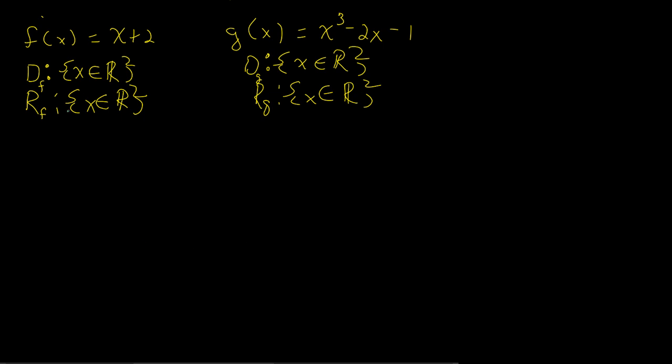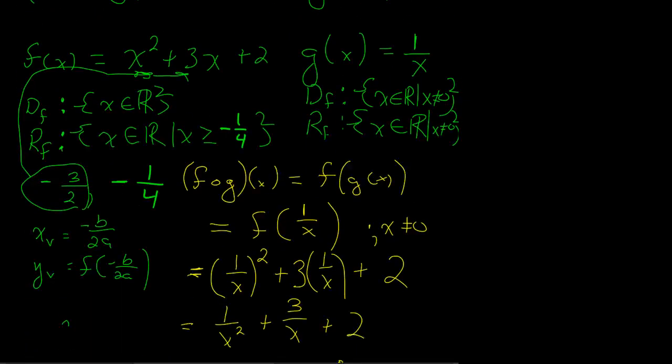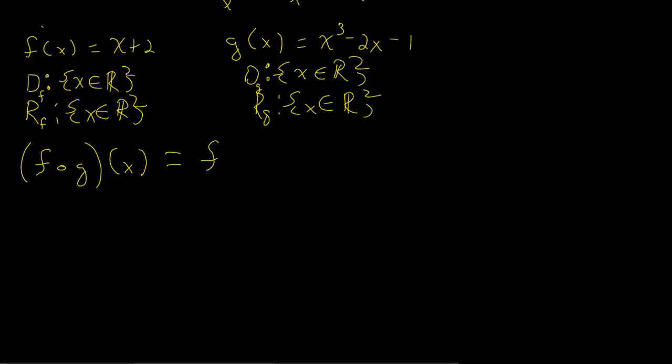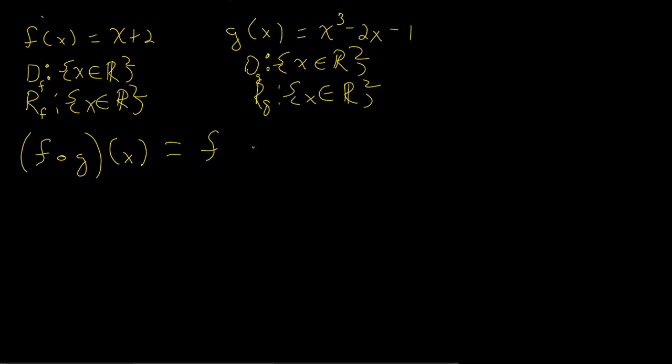So the first thing we're going to do is f composed of g. And we're going to look at this definition and what it means. We set our stage. We know that we're taking the range of one function and making it the domain of the other one. And in this case, I'm making f composed of the function g.